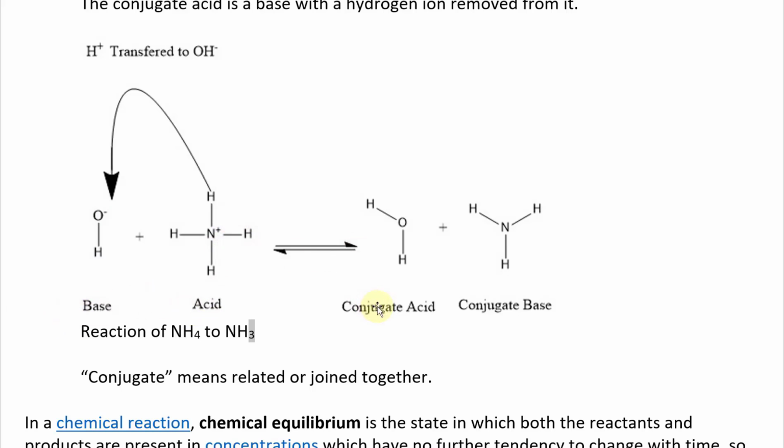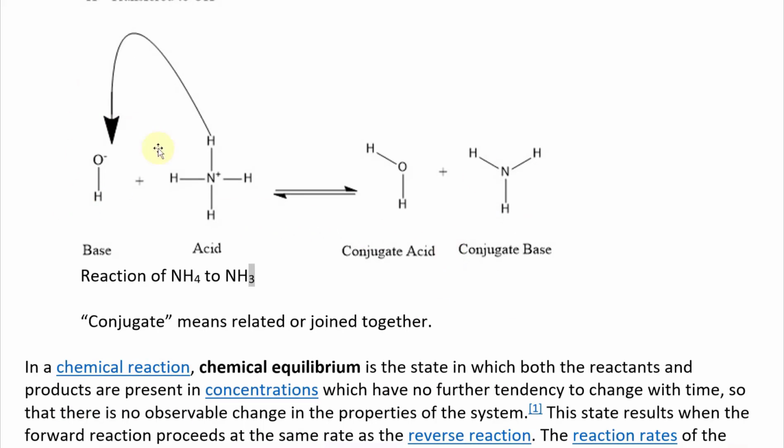So then this one's going to pick up one of these hydrogens. So this hydrogen is going to go over to here, and you have an OH2, or H2O. And then this acts like a conjugate acid right here. And then you have the conjugate base now. Because it used to be an acid, now it's a base because you removed a hydrogen. Now it wants to pick its hydrogen back up.